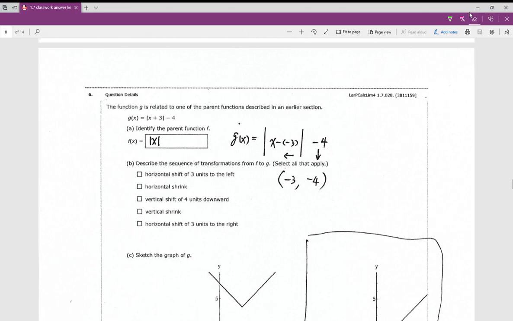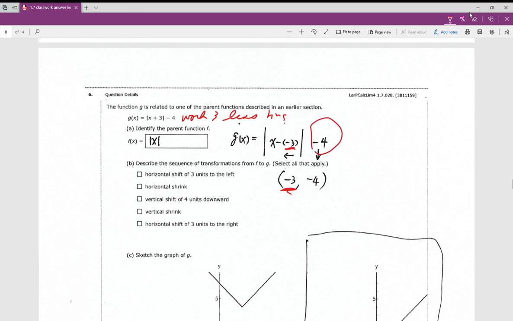Number 6, absolute value function again. And when you have plus 3, means what? It means the graph shifts to the left 3 steps.